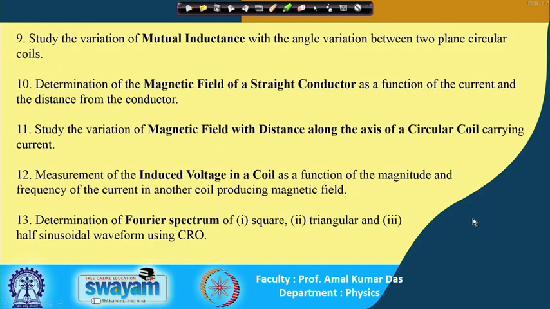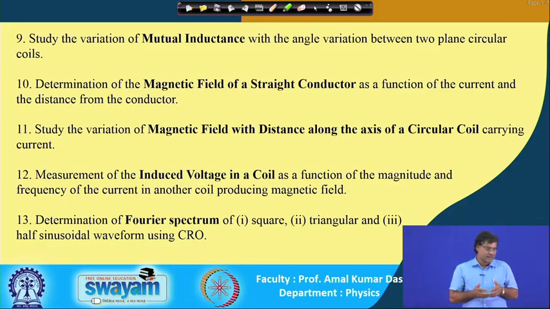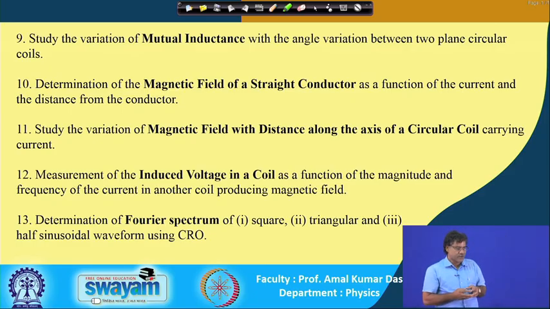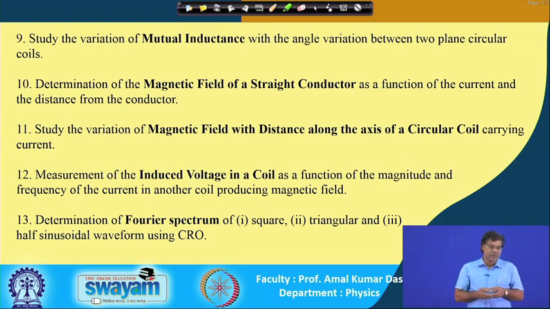Next experiment: as I told, resistor, capacitor, inductor are the basic components, and the next component is the inductor. We will study the variation of mutual inductance with the angle between two plane circular coils.